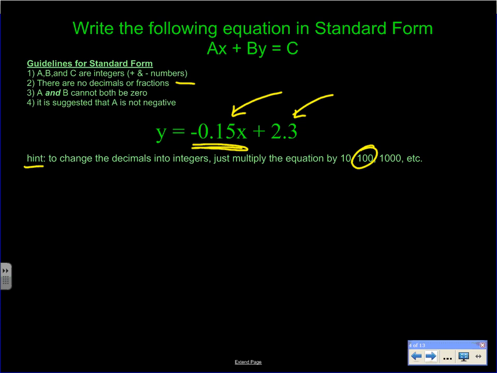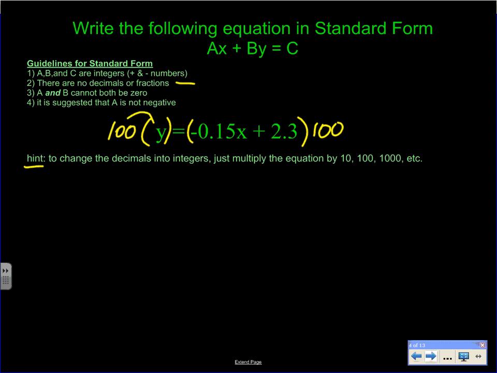That way it'll move the decimal here. It will also move the decimal in 2.3, but it'll get rid of the decimal in both of them if we multiply by 100. So let's go ahead and do that. Multiply the left side by 100, multiply the right side by 100.